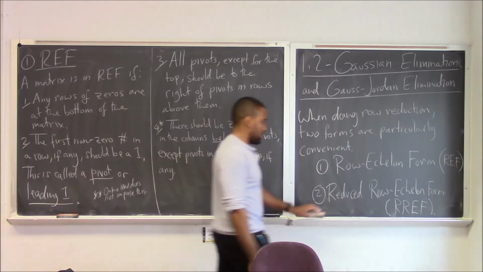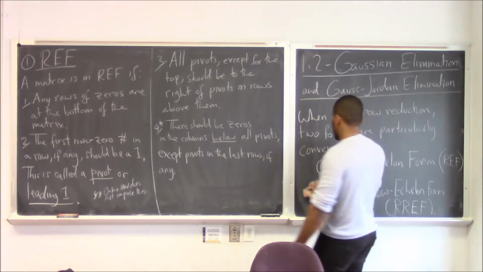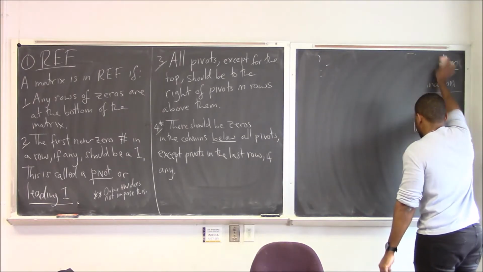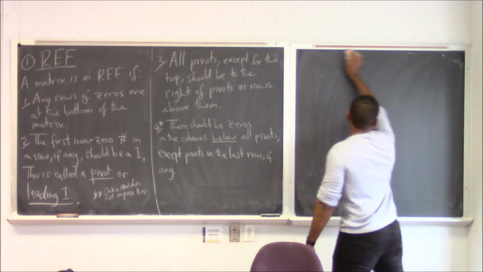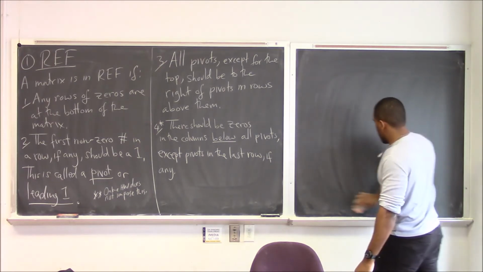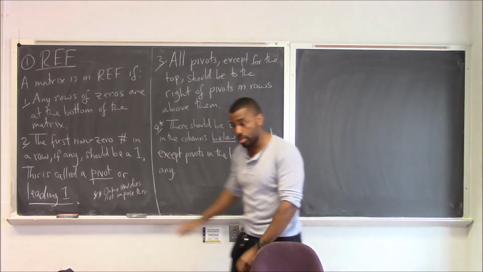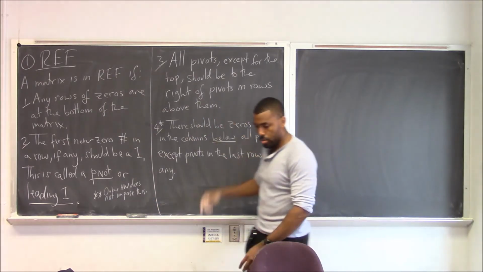If these 4 criteria are fulfilled, we say the matrix is in row echelon form. It's one of the convenient forms that might require some back substitution to get to the answer, but it's a very convenient form to start with. This is called the row echelon form. It is something you should know about.